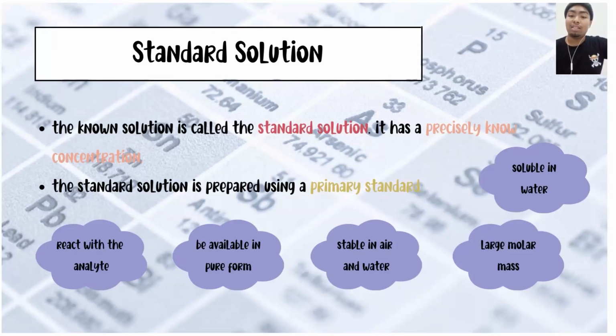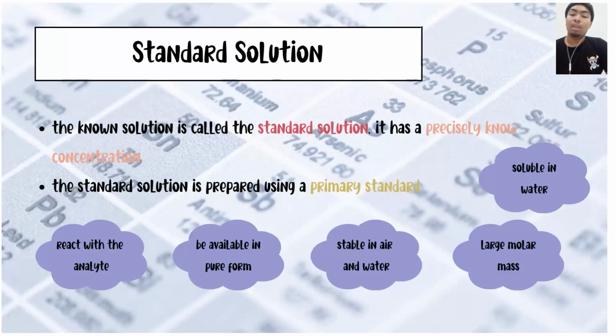The next thing is that it should be stable in air and water. So you can store it without it decomposing, and once you dissolve it in water, it's not going to break down.